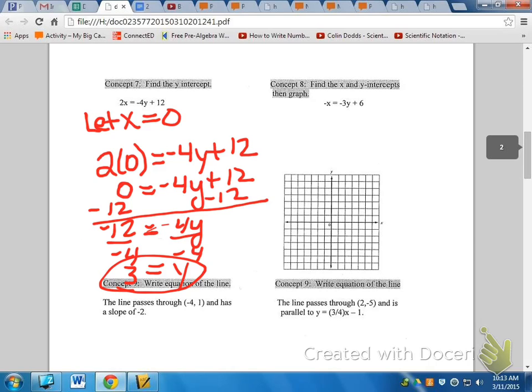Concept 8 says find the x and y intercepts, and then it would want me to graph it. So we did this in quarter 2. So for the x-intercept, that is where we let y equal 0. So I'm going to write negative x equals negative 3 times 0 plus 6.